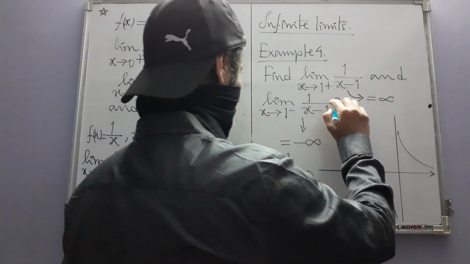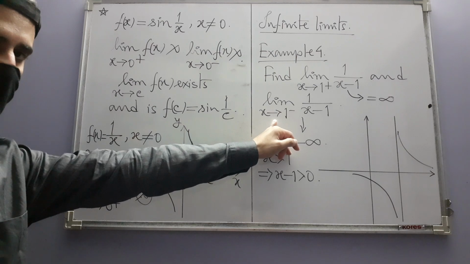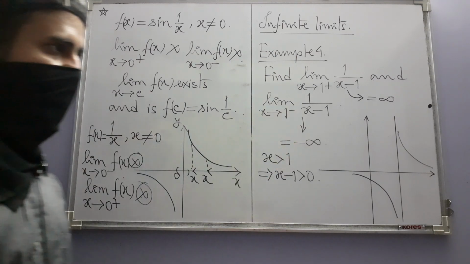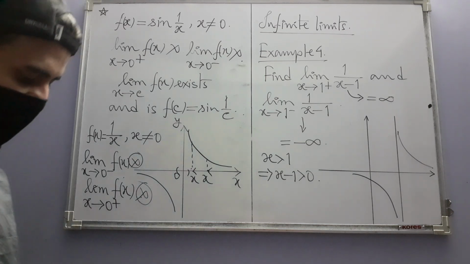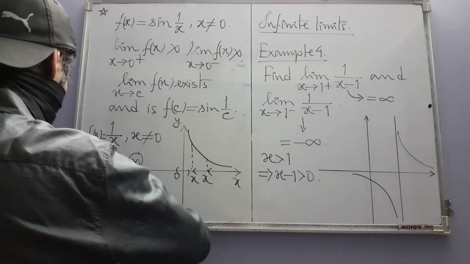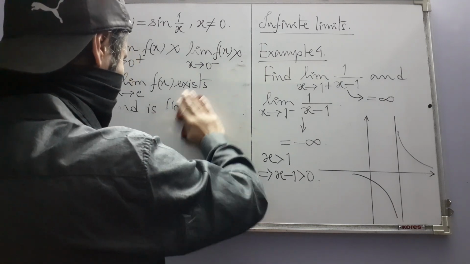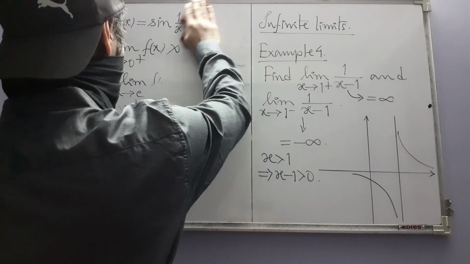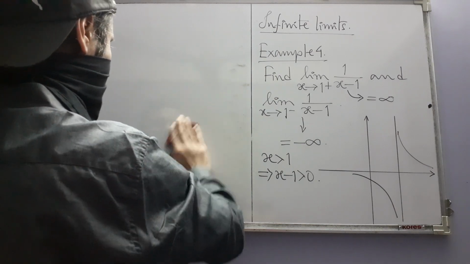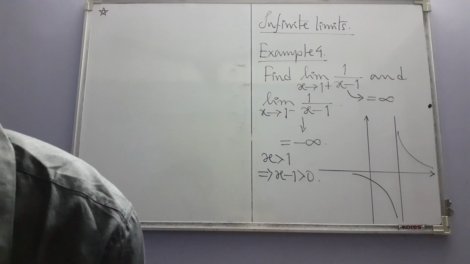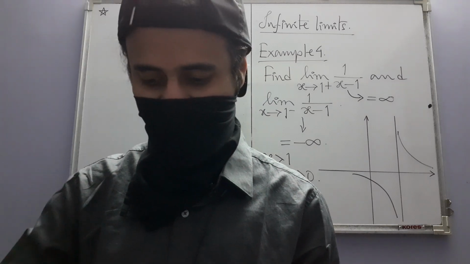So that's why this one-sided limit is plus infinity, and similarly that other one-sided limit is minus infinity. Let me just refill it a little bit, running out of ink.